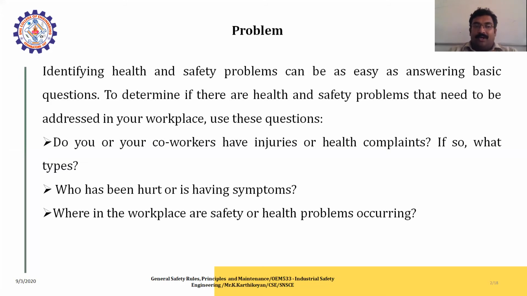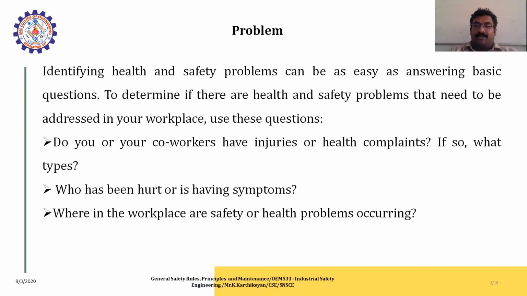Do you or your co-workers have injuries or health complaints? If so, what type? Who has been hurt and is having symptoms? Where is the workplace safety or health problem occurring? These are the problem questions, and you can justify your answer.